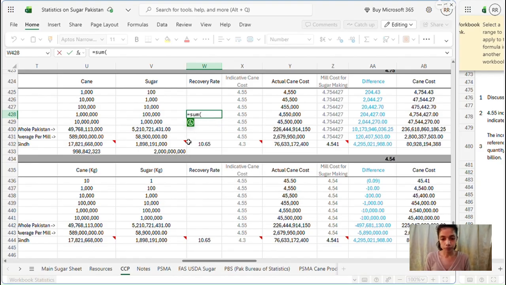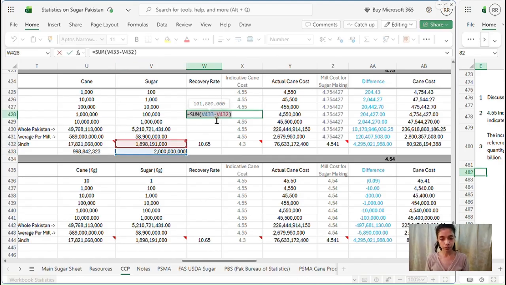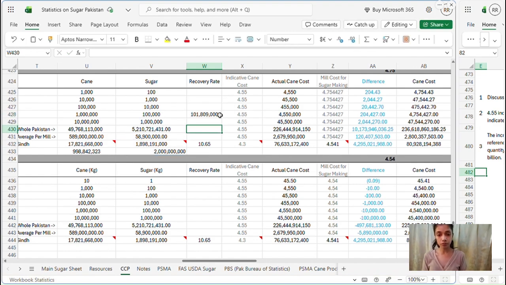So let's say we subtracted this 2 billion from this one, and when we subtract this amount from this amount, we are going to get this amount. Just did the calculation. So this is the difference amount, that means more in terms of value.